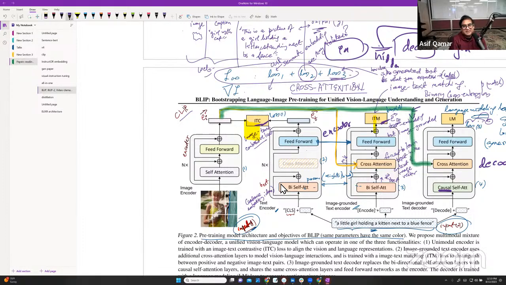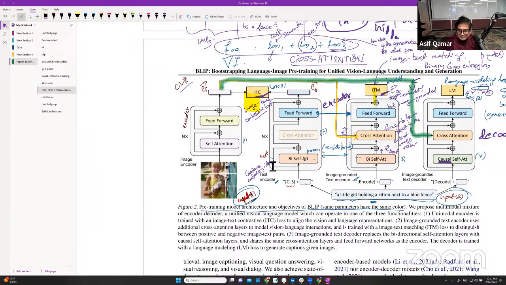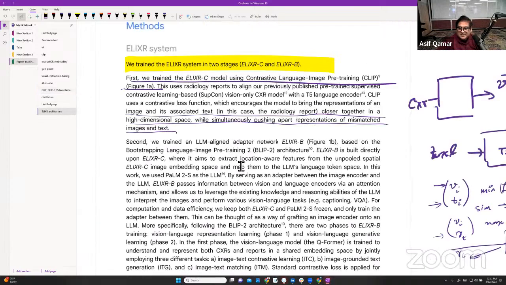But then if you wanted to refine the results, you followed it up with a cross encoder, which was basically a binary cross entropy loss function. So there is an echo of that same thing happening here. When you jointly learn, you could start with that and then start fine tuning. But at the end of the day, you will have to do ITC, the contrastive, and the image text matching. At some point, you'll have to bring those two together. That's all that is needed. I don't know if that answers your question.